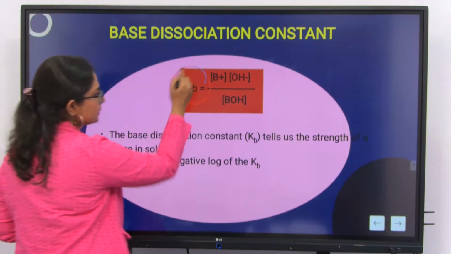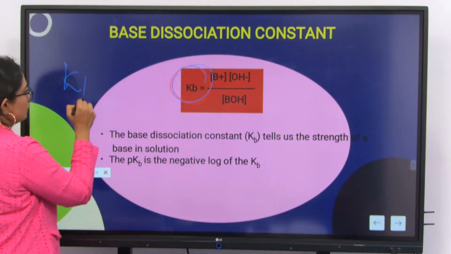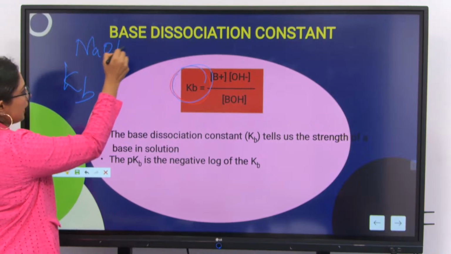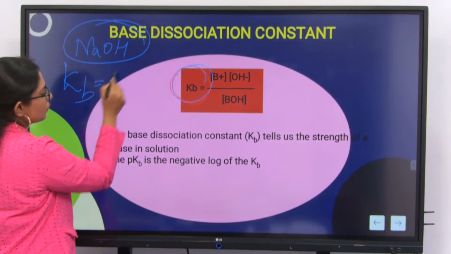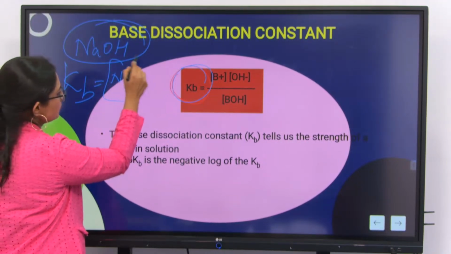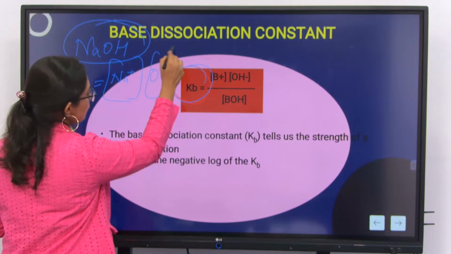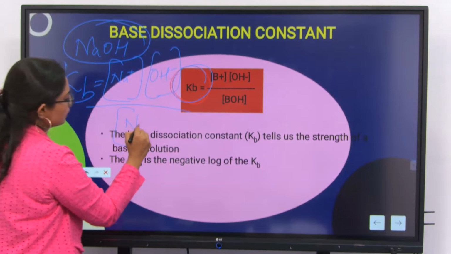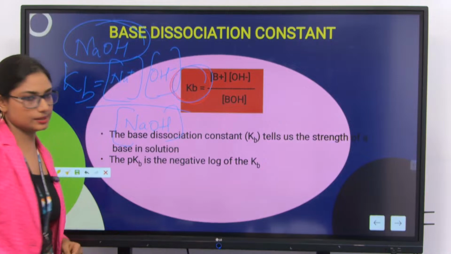So Kb, when I take NaOH as a basic drug, is equal to Na plus into OH minus divided by NaOH. This is the equation.